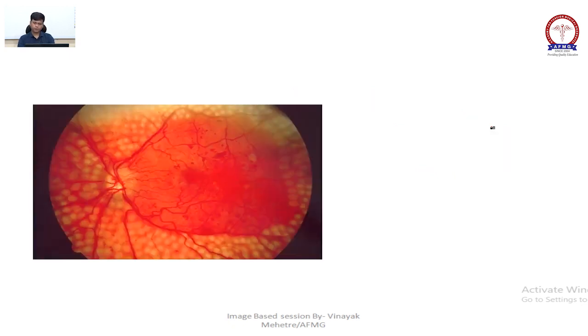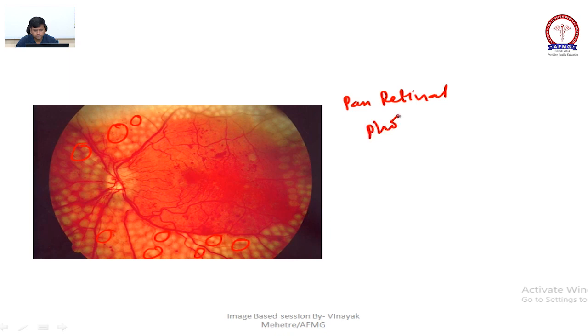Now, here you can see we have made so many holes. It is not holes, but it looks like holes, right? It is called pan retinal photocoagulation, PRP.